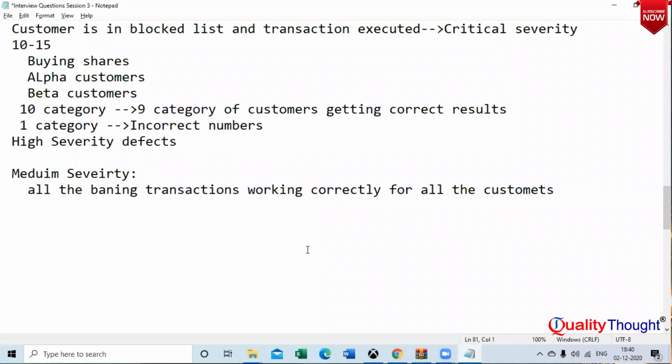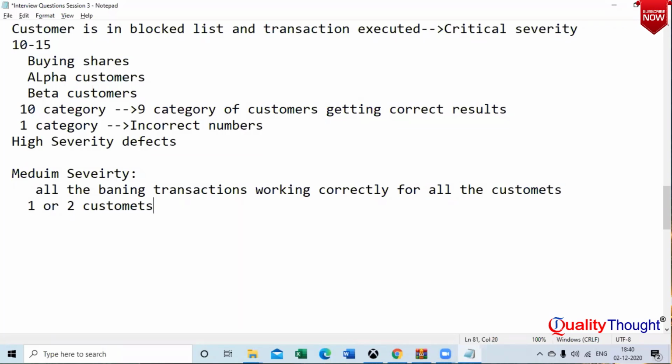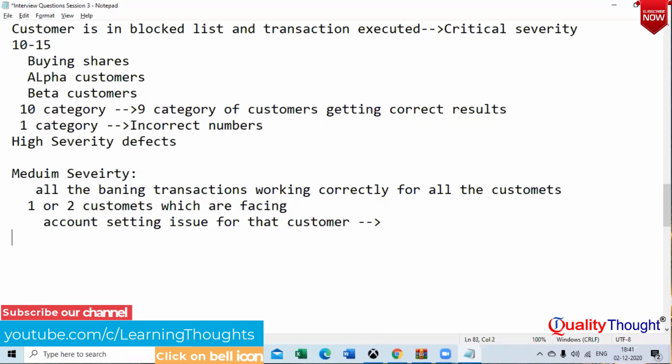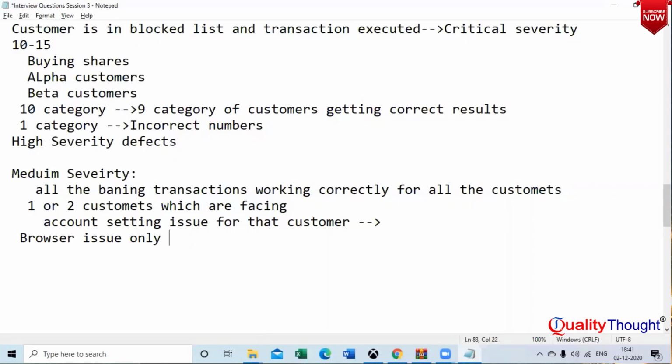But the problem we observed is that transactions are working correctly, but there are one or two customers facing an issue. This is an account setting issue for that customer. It could be a browser issue only for one or two customers.